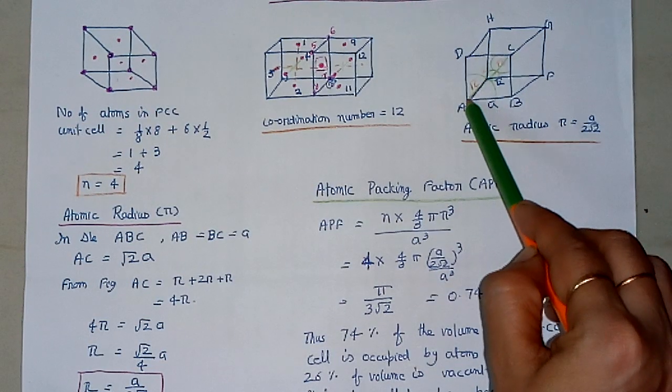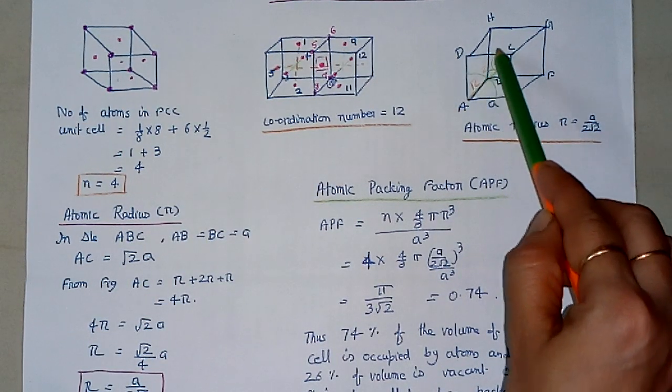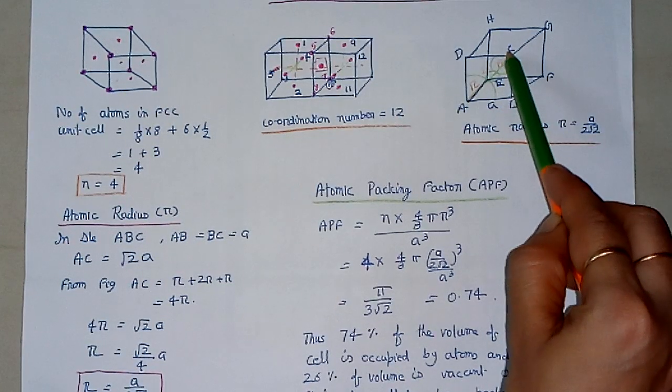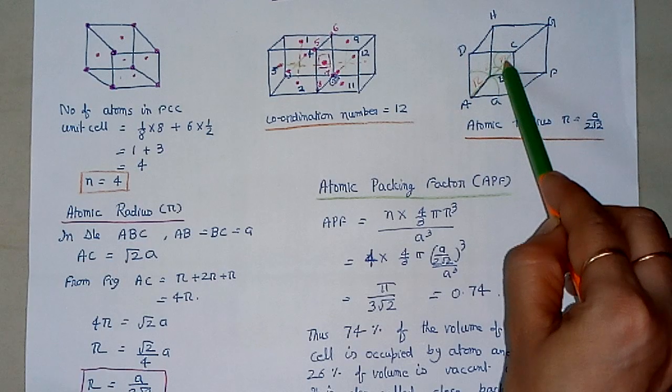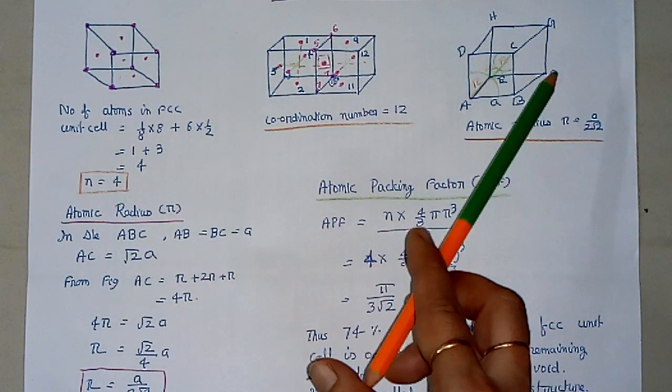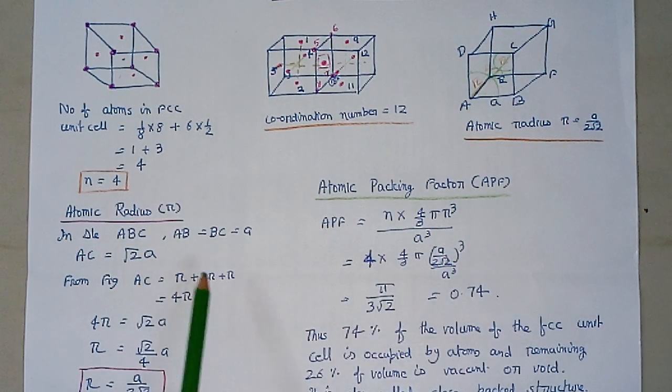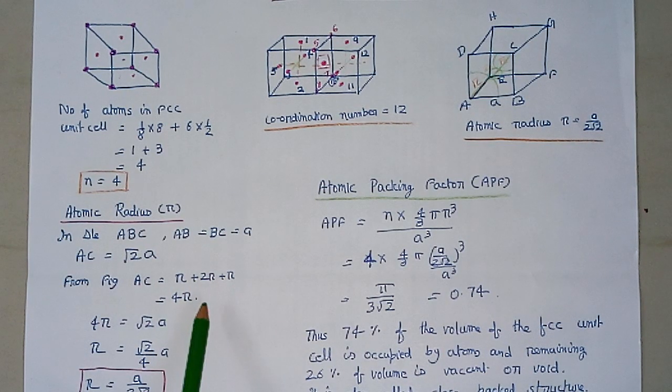This distance is R, the face atom's diameter is 2R, and this distance is R. So from the figure, AC equals R plus 2R plus R, that equals 4R.